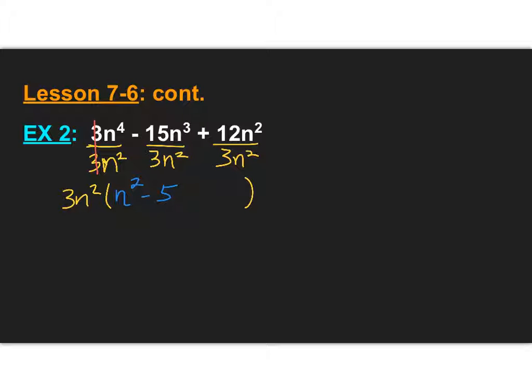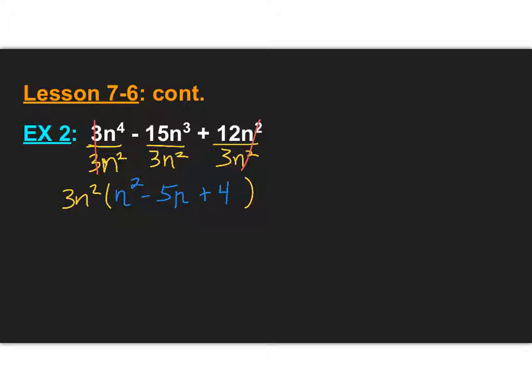And then 3 of these minus 2 of those is going to give us 1n. And then 12 divided by 3 is 4. And the n squareds cancel.